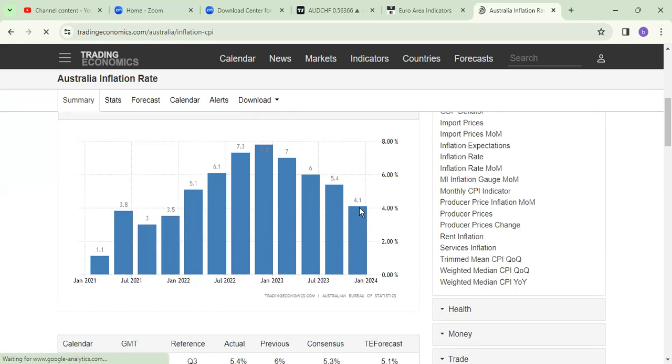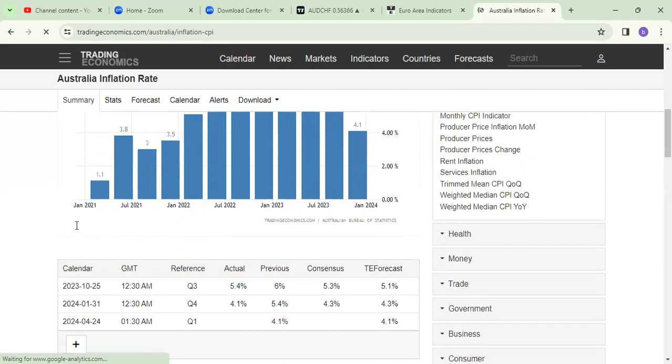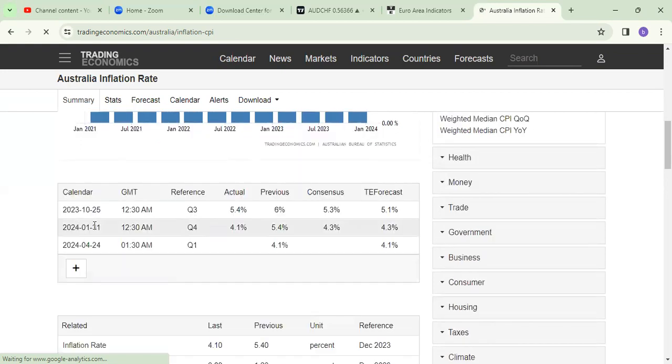Where is the cursor? January 2024. Okay, there we have it, right? So inflation came down from 5.4 to 4.1. This was released on the 31st, right?